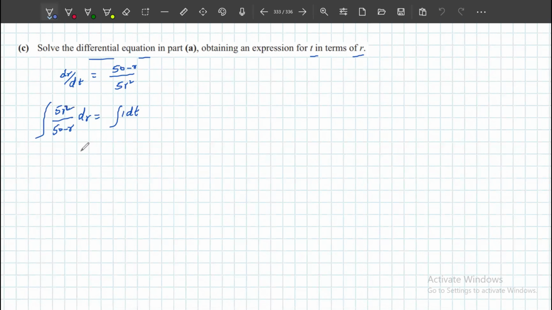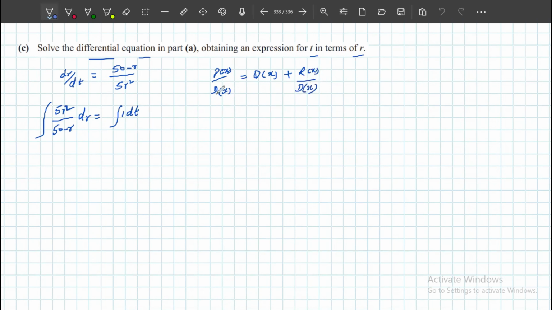Once it is separated, we can apply integration, but remember that this is an improper fraction. We already solved this in part B: 5r square over 50 minus r gives p of x over d of x equal to the quotient plus r of x over d of x.